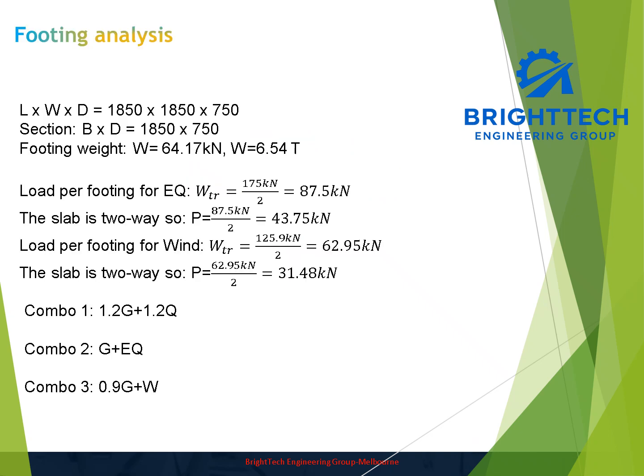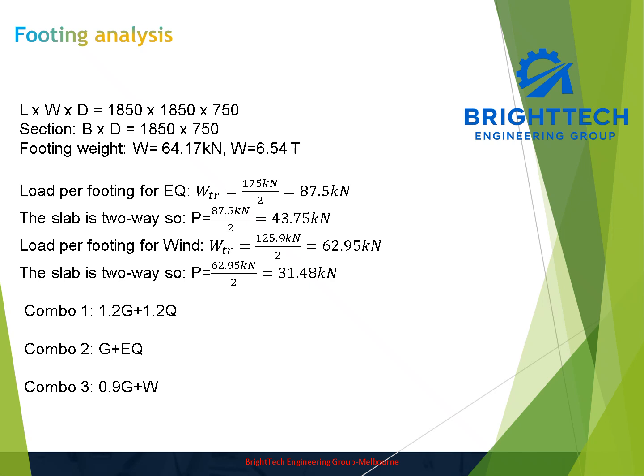As we already mentioned, for the design of the footing and to find the footing dimension in terms of the stability, we resulted in 1.85 by 1.85 by 750 millimeter, which is the dimension required to withstand the seismic forces. The section is B by D. B is the width and the 750 is the depth.